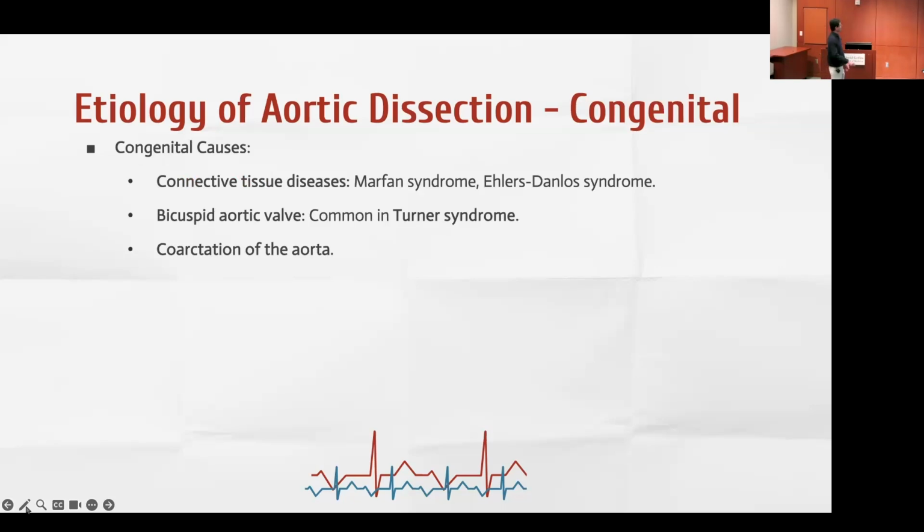Congenital cases typically present in younger patients. These would be connective tissue diseases, as I mentioned, and bicuspid aortic valve disease, usually in patients who have Turner syndrome, and then coarctation of the aorta. I have a case I will present to you about coarctation of the aorta causing dissection.